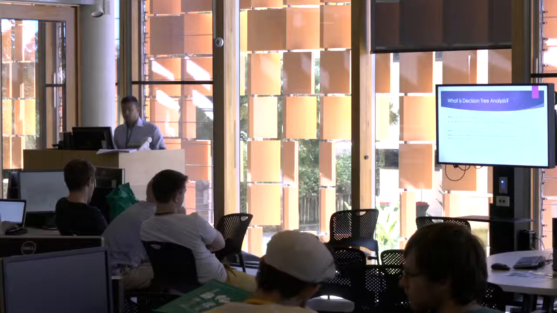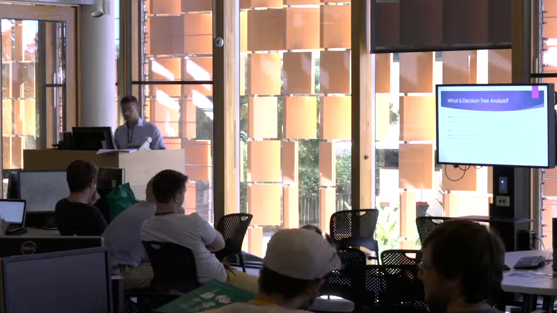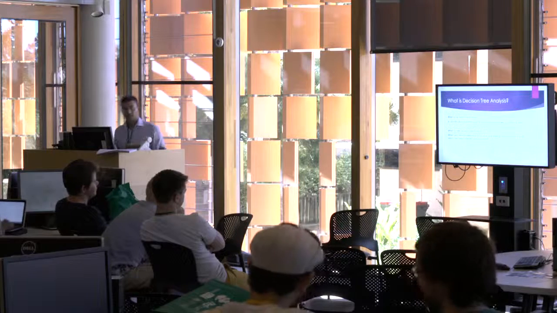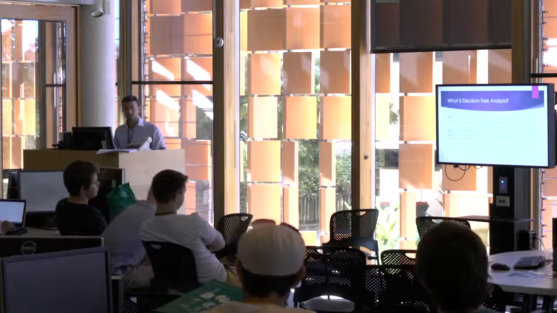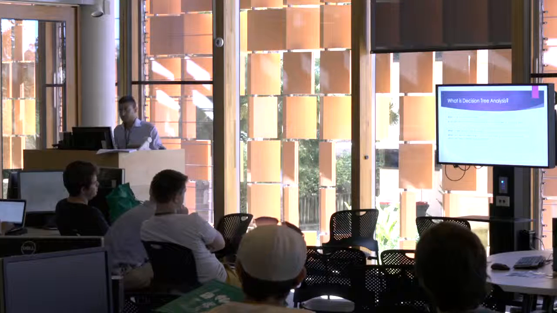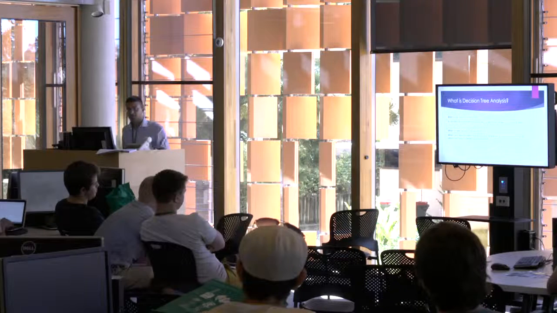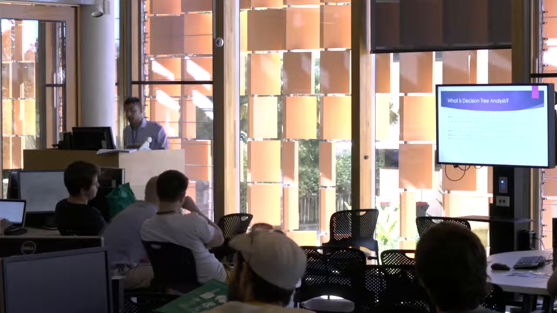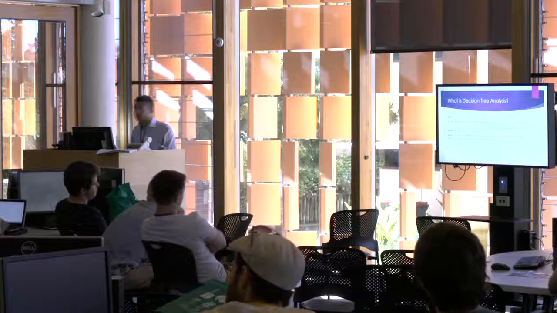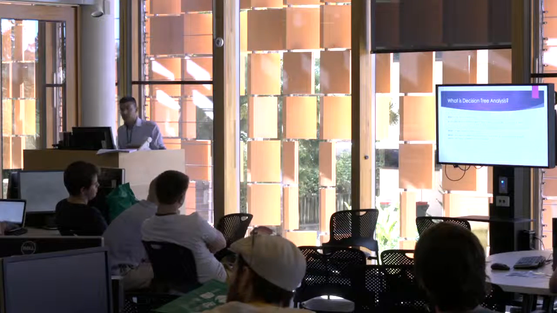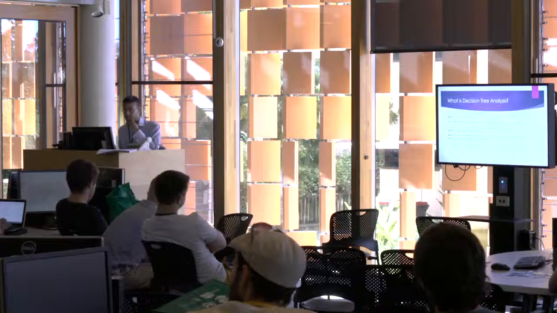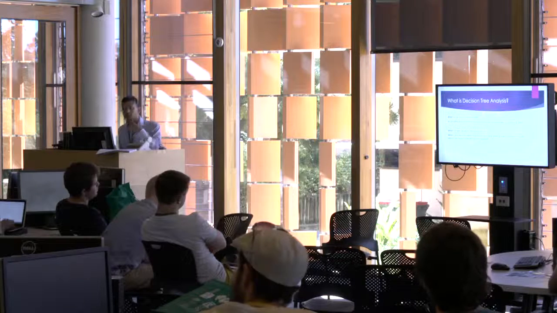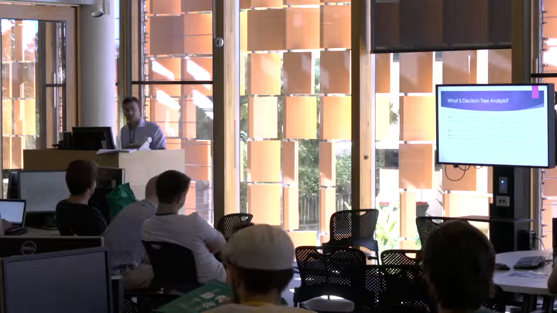So I'm going to talk to you about decision tree analysis. It's a very simple form of machine learning technique. It's essentially used to reach decisions based on historical data. So, for example, maybe you might have data on who's going to cheat on tax or not.